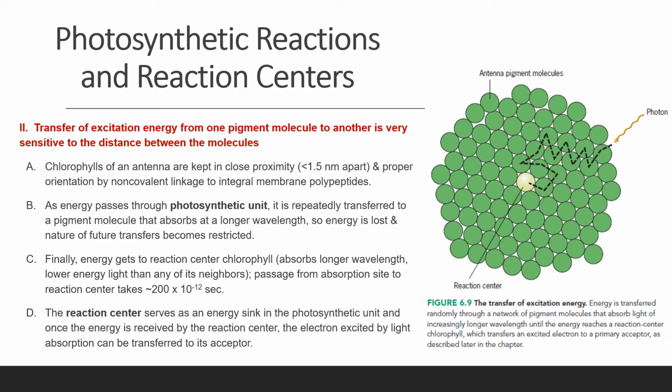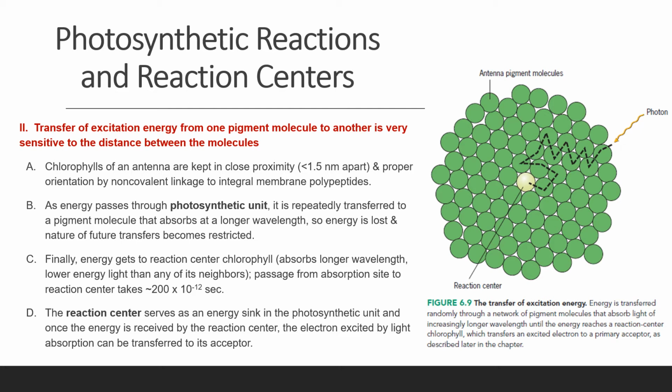So again, you see here that there are antennas involved in this transfer of excitation energy. In the middle, you will see the reaction centers, and of course, you will see the introduction of photons, or the absorption of light energy.